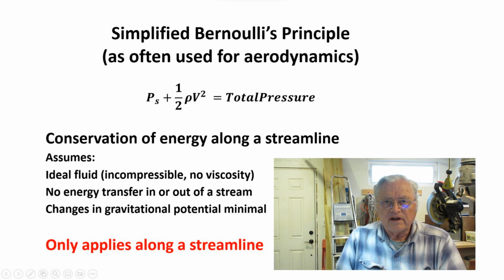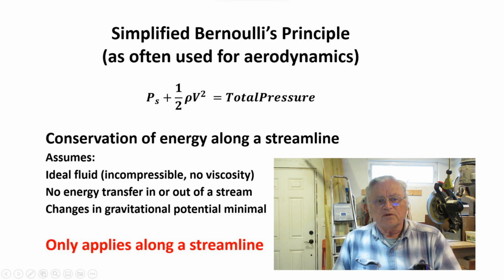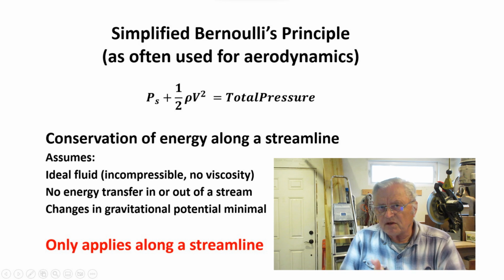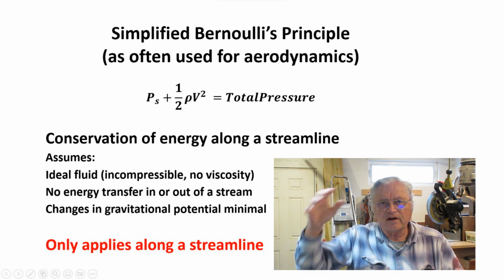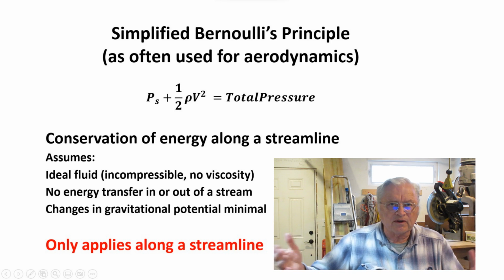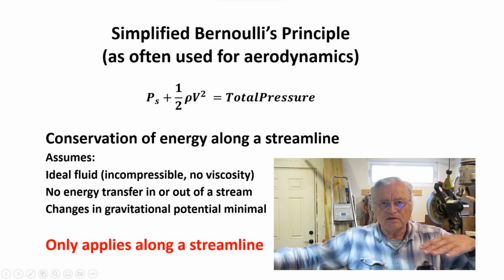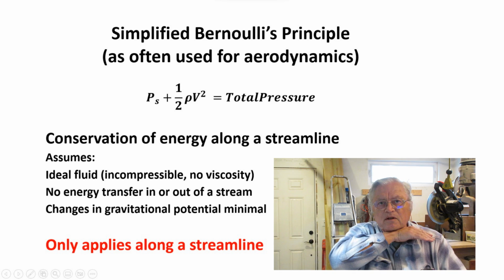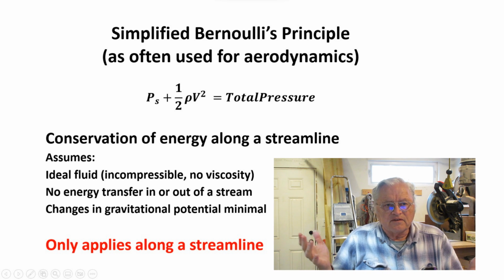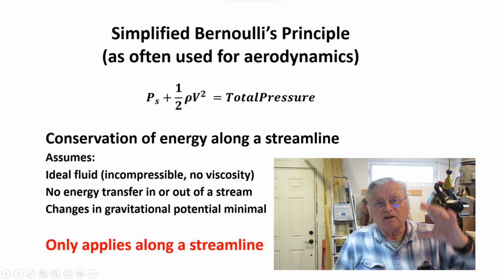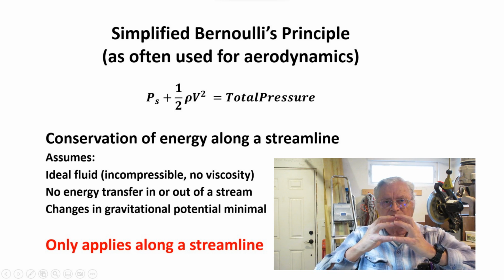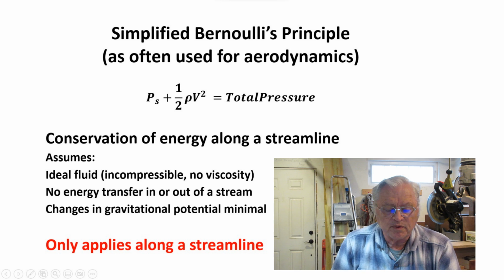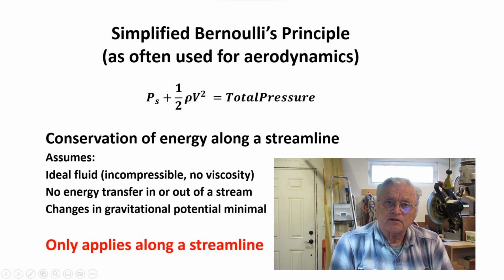Now, here we have a simplified version of Bernoulli's principle as it's typically used in aerodynamics. When we're looking at flow over a car, an airplane, a baseball, whatever, the change in elevation of the fluid is pretty minimal, and air isn't very dense, so the amount of energy it takes to move this air up this far is negligible in the larger picture, so we typically leave that term off.